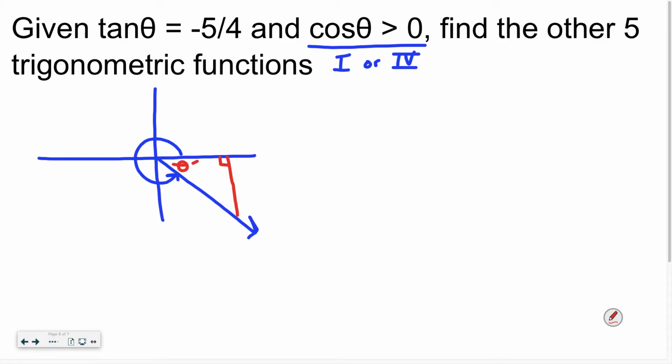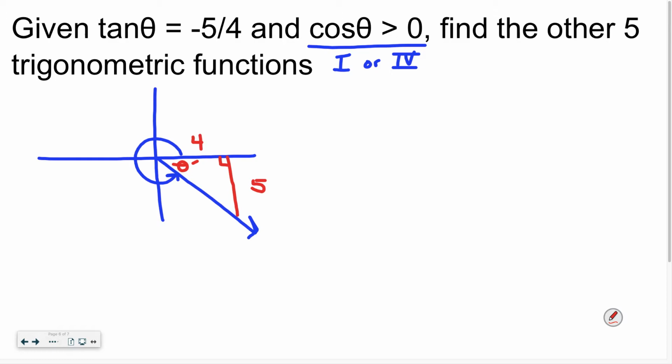And we know 2 of the sides, don't we? Our tangent ratio is 5/4. So we know that opposite is 5 and adjacent is 4. Now, those of you that like to label the negative on your triangle, is the 4 negative or the 5 negative? The 5 would be negative because we traveled down 5.